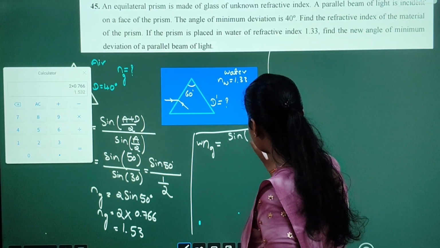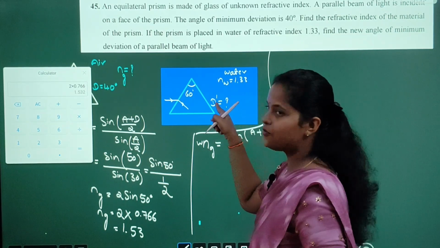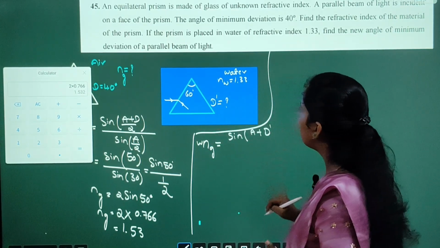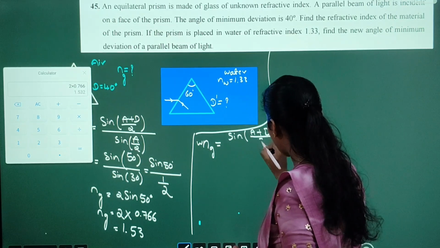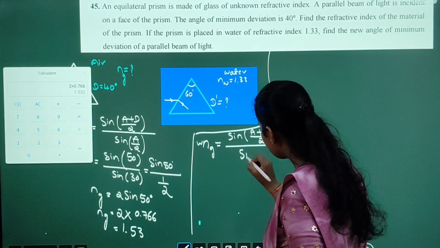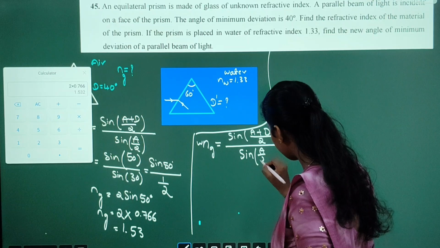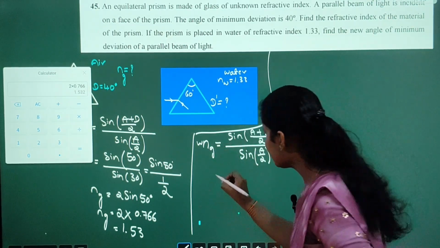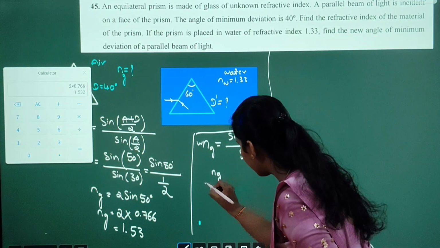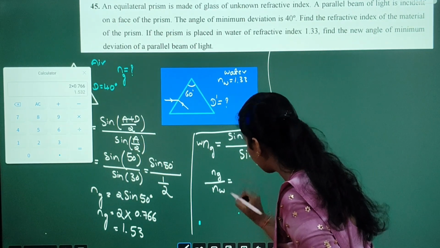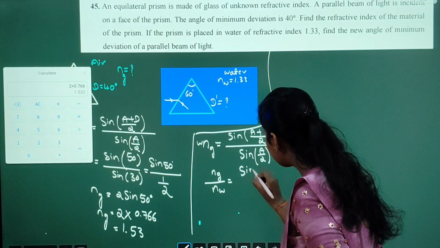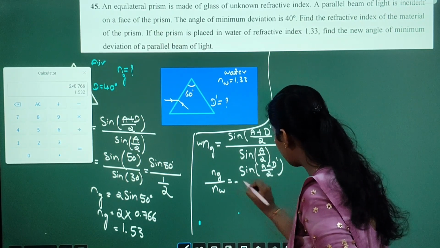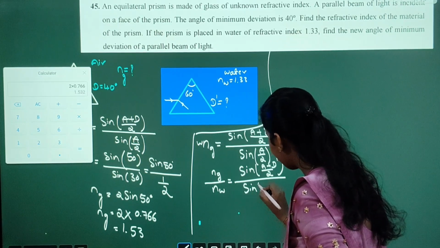Sine (A plus D dash) upon 2, whole divided by sine A by 2, where D dash is the angle of minimum deviation inside of the water that we have to find out. And the refractive index of glass with respect to water is Ng, the refractive index of glass, upon the refractive index of water.